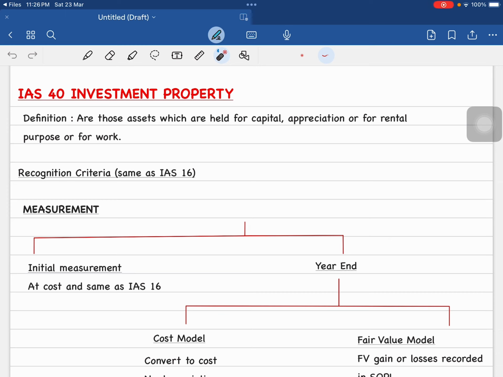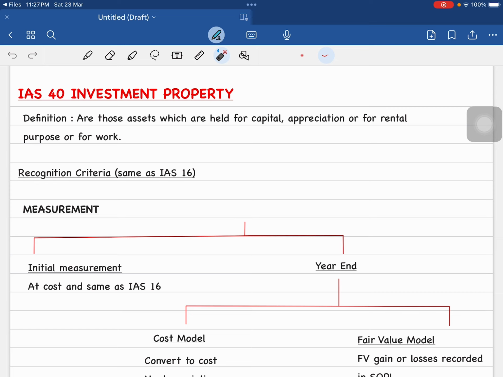Today we are going to discuss IAS 40 investment property from FR. Simply put, investment property is those assets which you are not using as IAS 16, or let's just say which you are not using for your business purposes. Rather, you are using the property to gain capital appreciation from it, or you can rent the building out and receive the rental income.